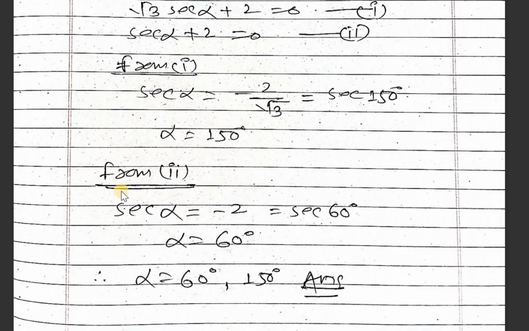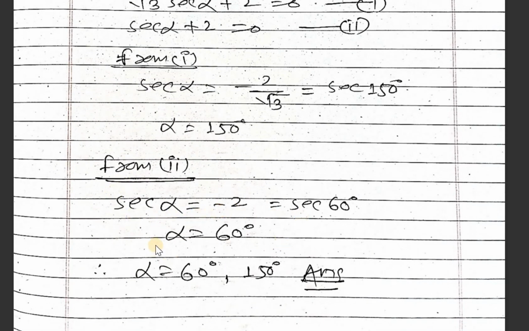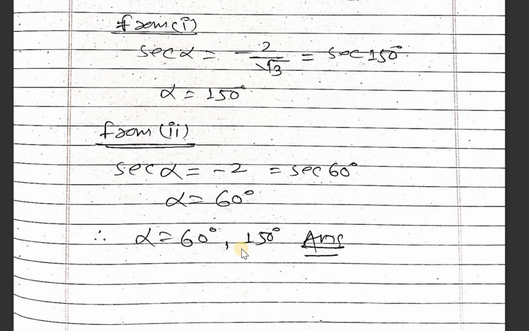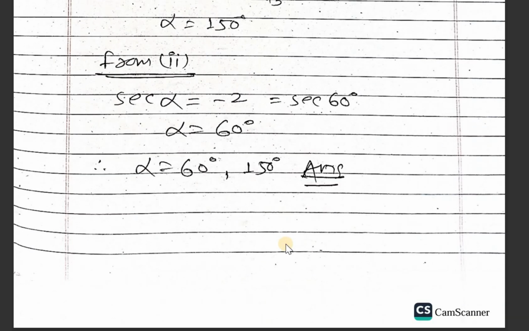And from equation 2, sec α = 2, so 60 degree, therefore α = 60 and 150 degree is our final answer. This question is asked in SE in 2 marks.